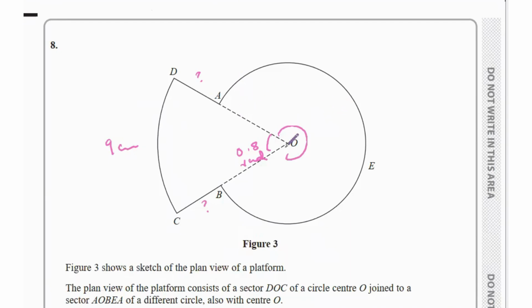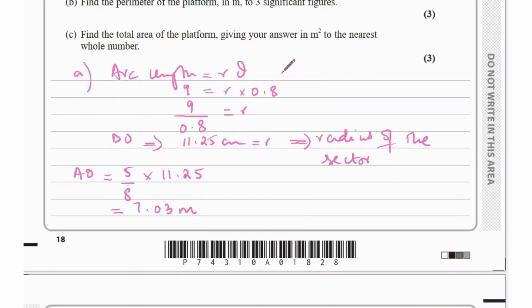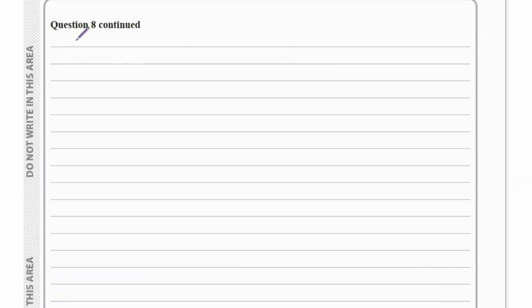Then using that, we can find the arc length, and we already know the length of AO, which is 7.03. So 7.03 is the radius of the circle. We find the arc length, we find DA and CB, and then we have the perimeter once we add all the information. So let's start.